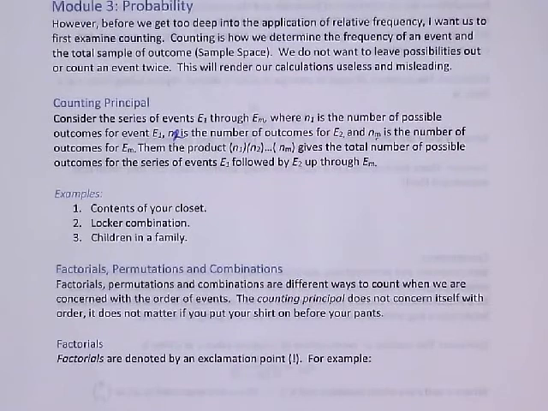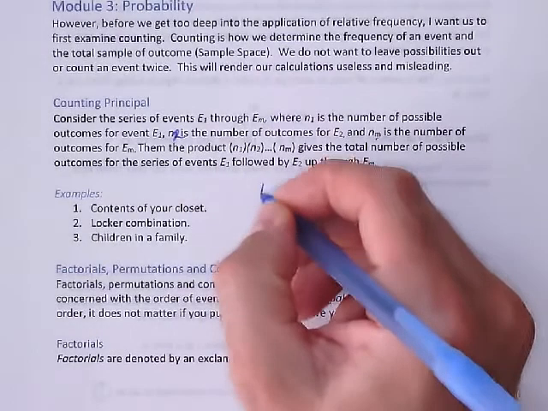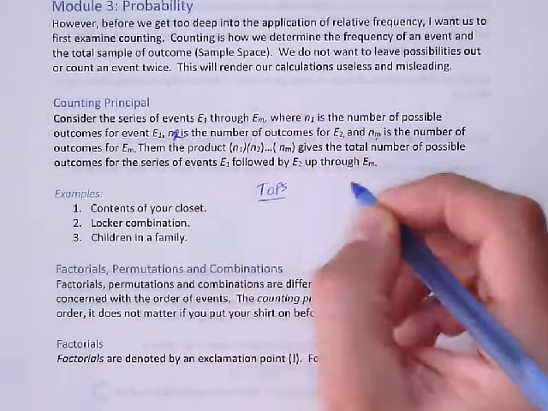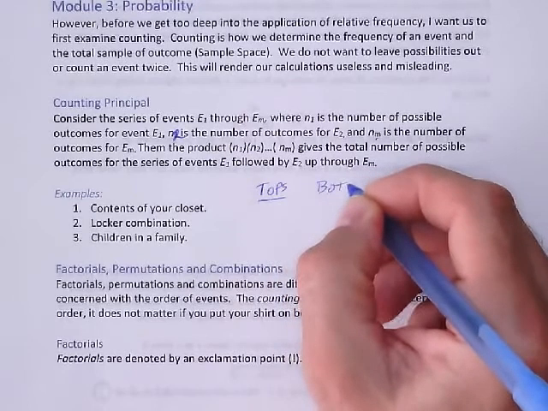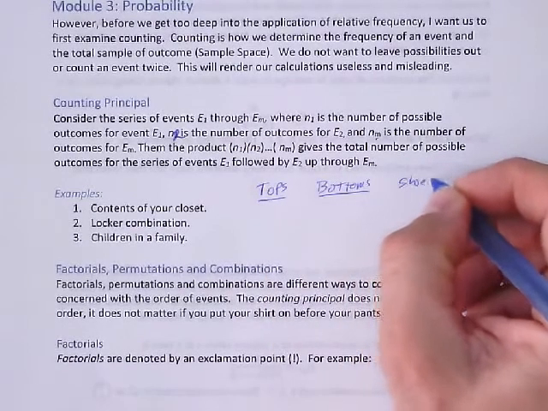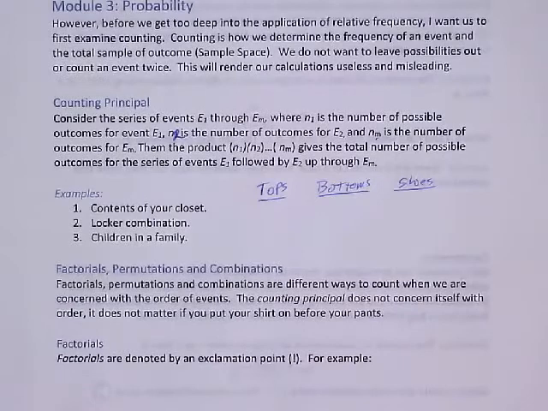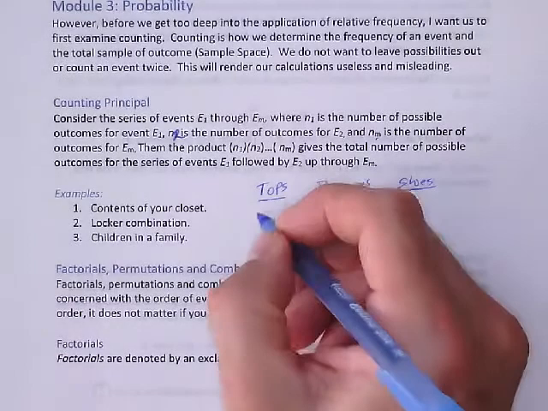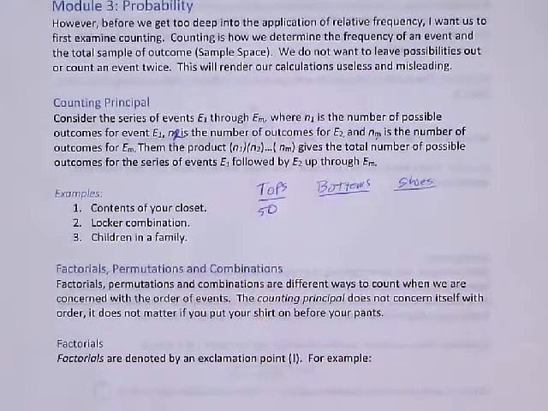But like the contents of your closet, if you were to think about the number of tops you have, number of bottoms, and shoes. Okay, we could say hypothetically somebody has 50 tops. That can be sweatshirts, t-shirts, hoodies, whatever. I mean, just 50.